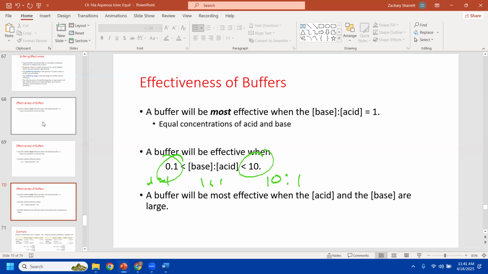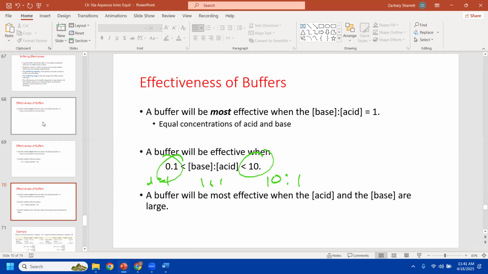Okay? So in general, when you're choosing a buffer system, if you have a bunch of different combinations of weak acid and conjugate base, you should always choose the buffering system that has a pKa within 1 unit of the pH you want.